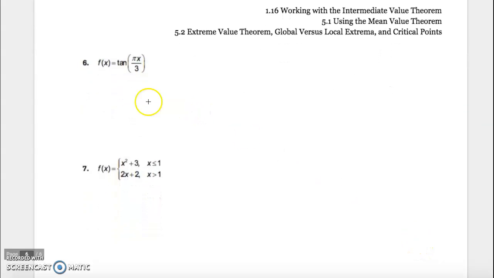All right, let's go ahead and look at tangent. Now, automatically in our brains, we should be set off a little bit because we know, even if you don't know what the graph of a tangent function looks like, which very typically looks like this, and it has these nice asymptotes going on.